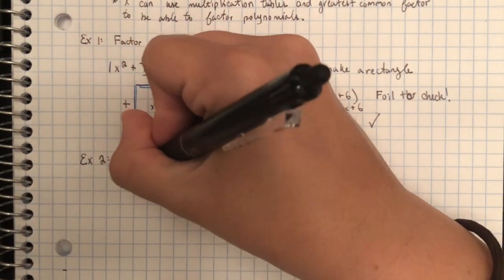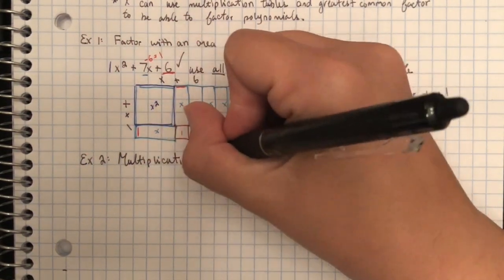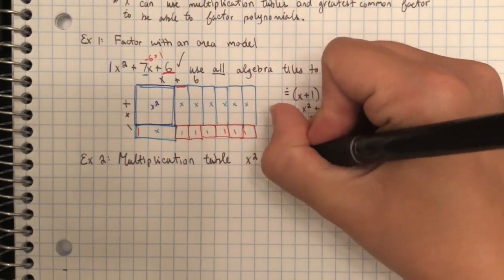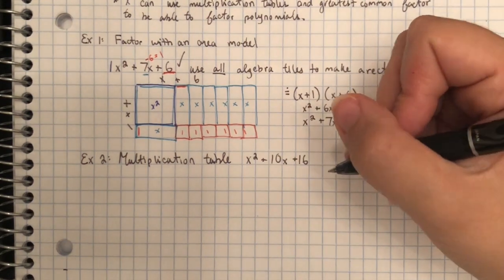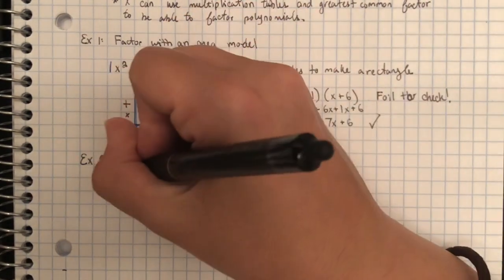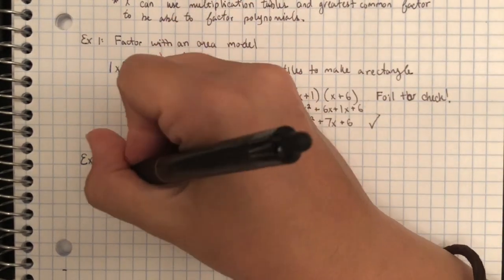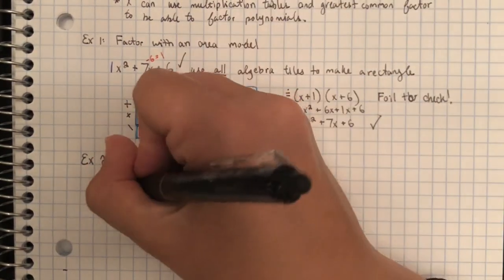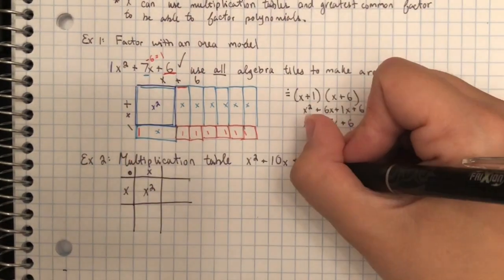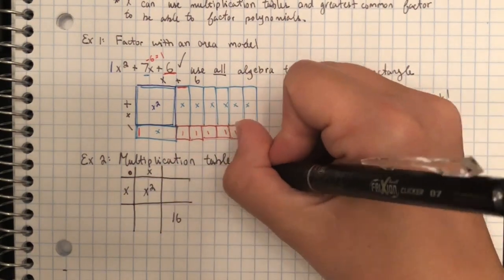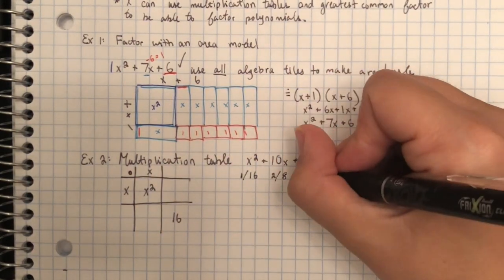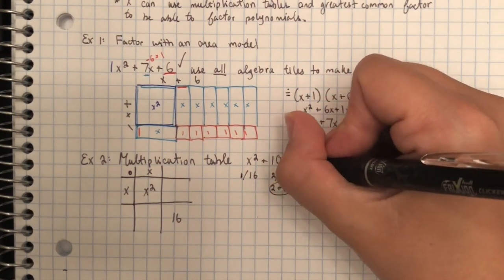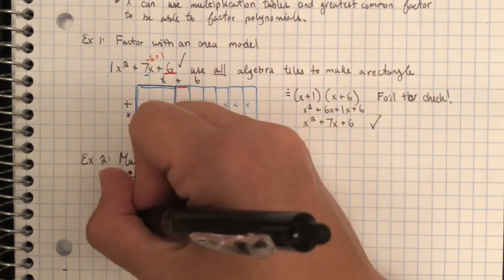For example number 2, we're going to use a multiplication table, and we're looking at the example x squared plus 10x plus 16. So drawing my multiplication grid, essentially I know x times x equals x squared. And I know that my constant is 16, so I need the factors of 16. 1 and 16, 2 and 8, 4 and 4, and I need to choose the pair that will sum to 10.